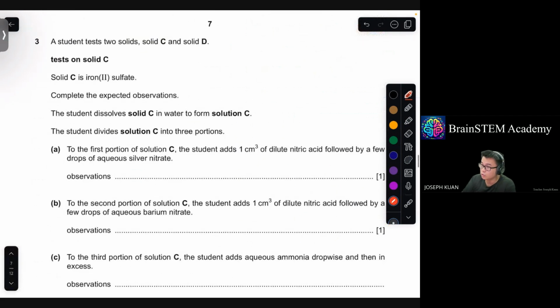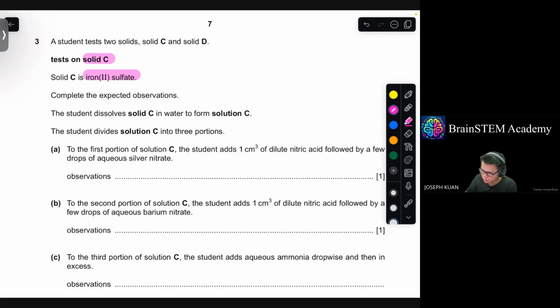Okay. Moving on to question 3. A student tests on two solids, solid C and solid D. So test on solid C. Solid C is iron 2 sulfate. Complete the expected observations. The student dissolves solid C in water to form solution C. The student divides solution C into 3 portions.